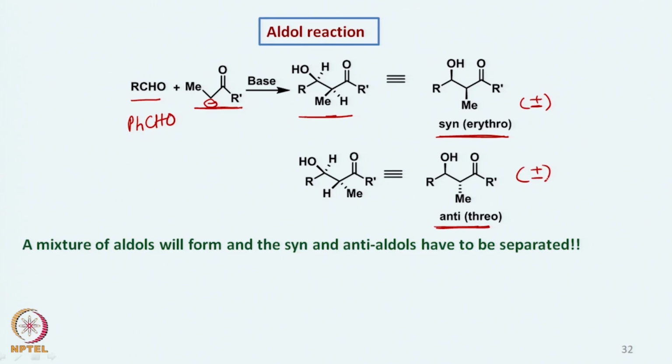We can expect either this syn product, which is called the erythro product, or the anti product, which is called the threo product. If we carry out this aldol reaction, it will form this mixture, from which syn or anti aldols need to be separated.